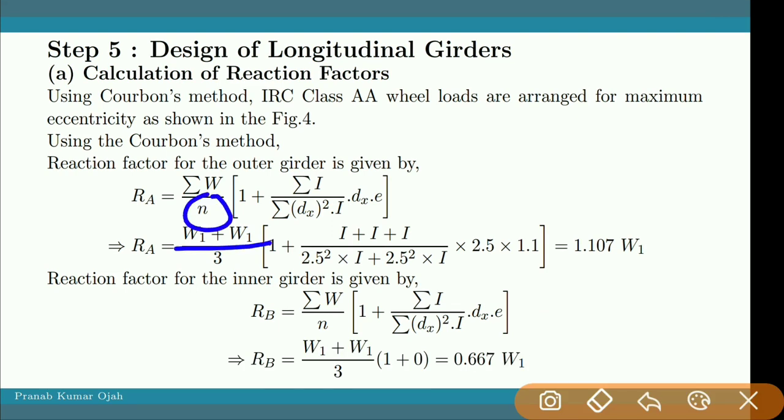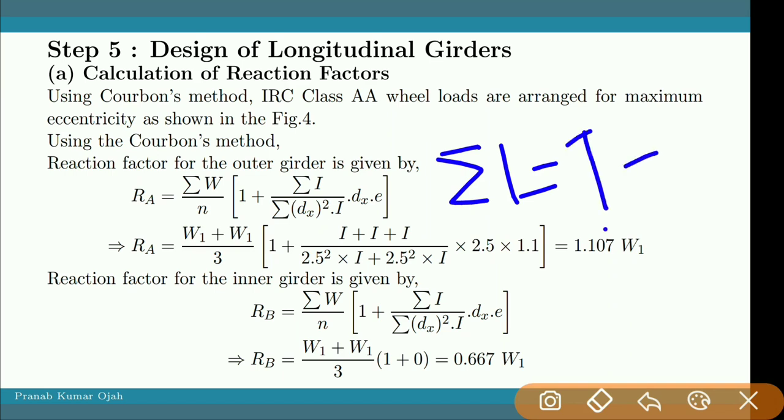N is the number of girders, which is equal to 3. Then summation of I equals the moment of inertia for each girder. For each girder, moment of inertia is I, so finally it will become thrice I.